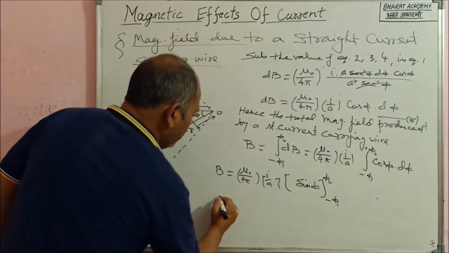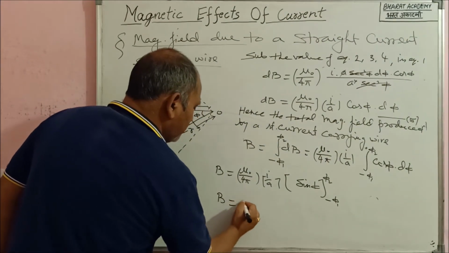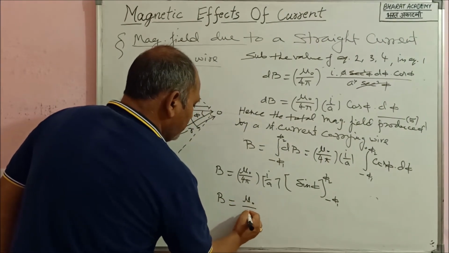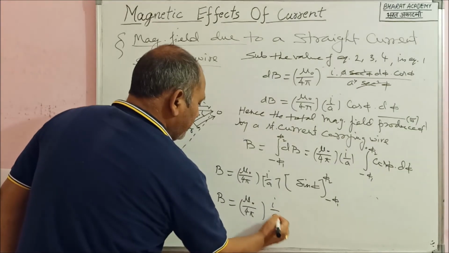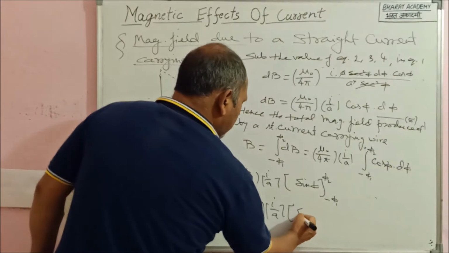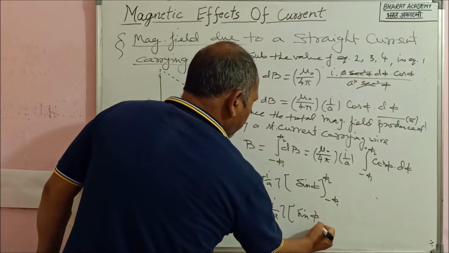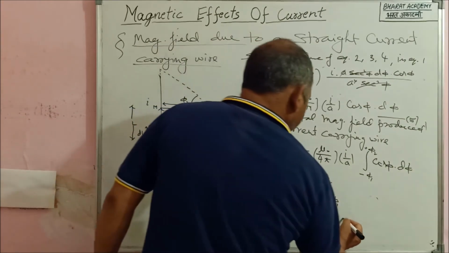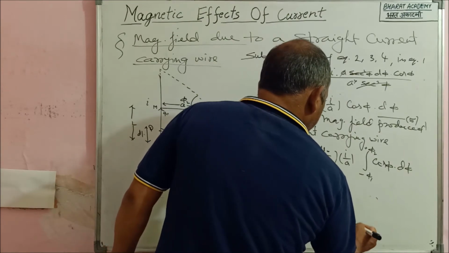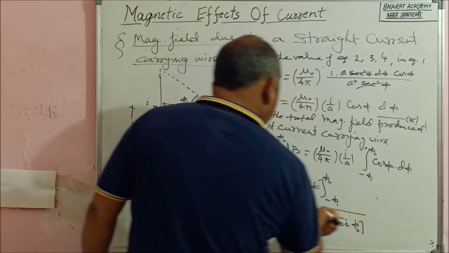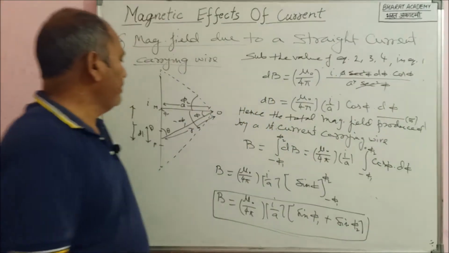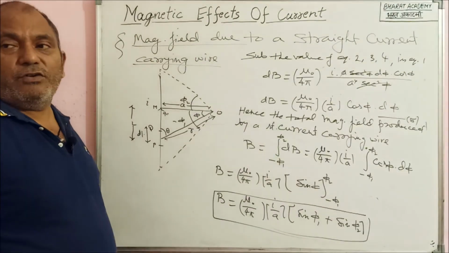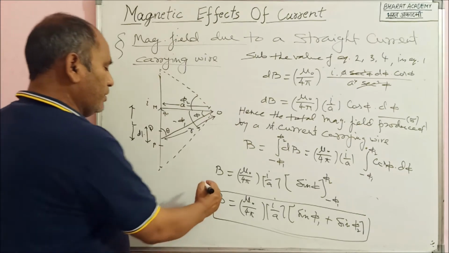If you apply the lower limit upper limit formula, it comes out to be mu 0 by 4 pi I by A into sin phi 1 plus sin phi 2. Remember, this is a very important formula for the field produced by a straight current carrying wire whose length ranges from phi 1 to phi 2.